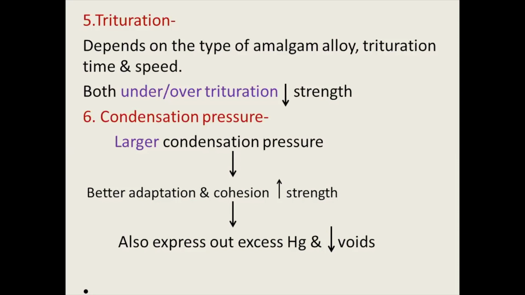But keep in mind that when you are using a spherical type of alloy, the condensation pressure applied should be less, because of the spherical shape the condenser may pierce into it at higher pressure. So according to the type of amalgam alloy, you will have to apply all these features.